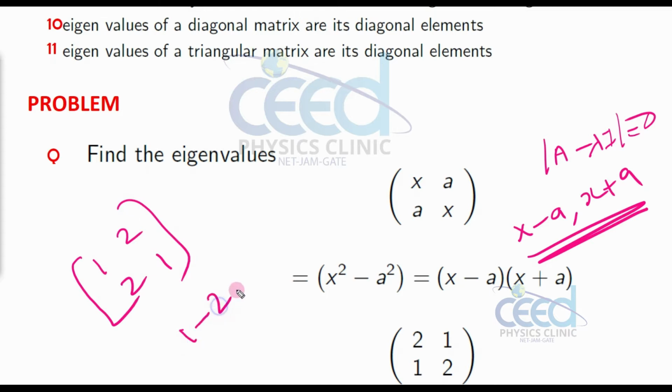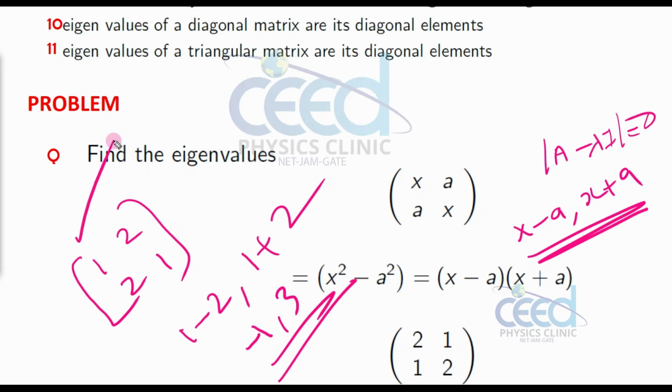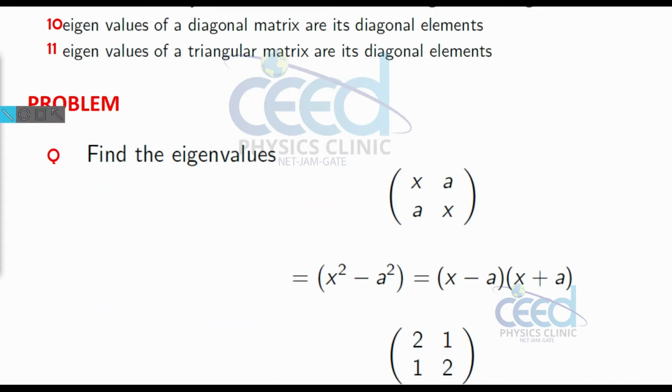That is 1 minus 2 and 1 plus 2, that is minus 1 and 3. So these are the eigenvalues of this matrix. Or you may calculate it the long way, but you have to remember some tricks to find eigenvalues to save time during the examination.